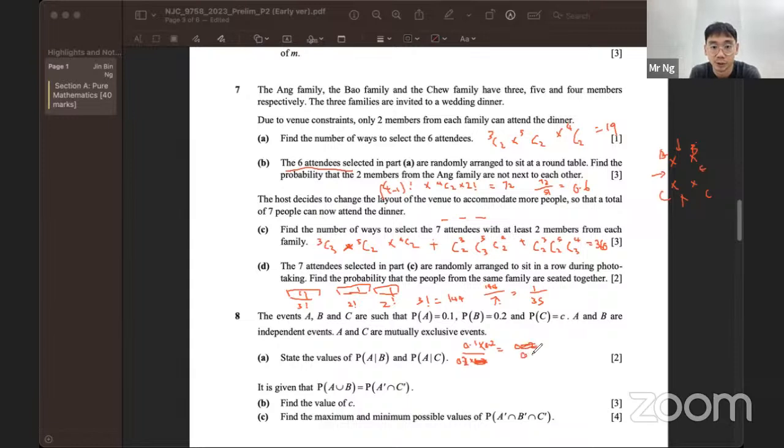So 0.1. After that, A and B are mutually exclusive, so A intersect B is 0. Then the probability of C is C, so 0.1 and 0.